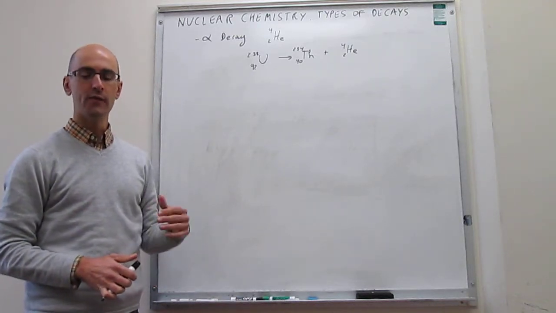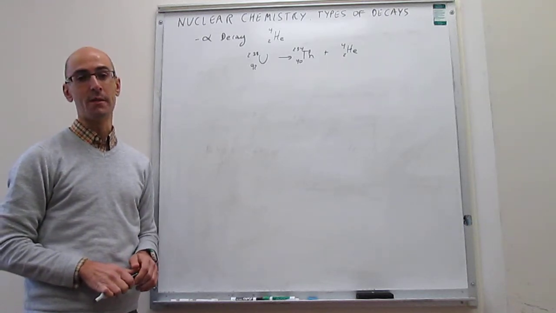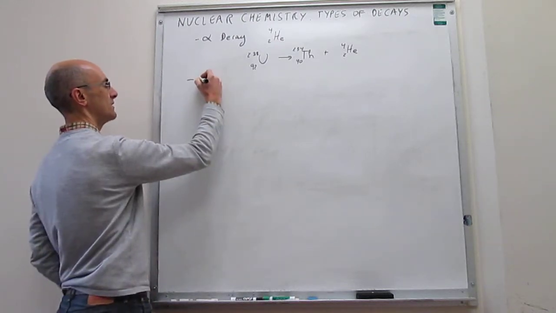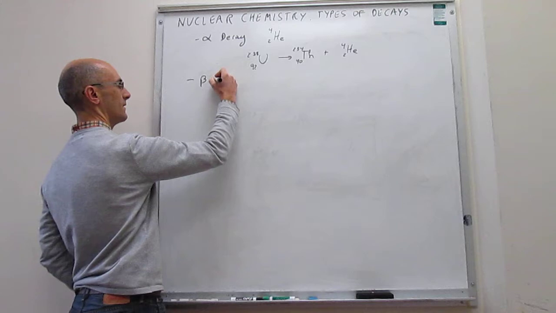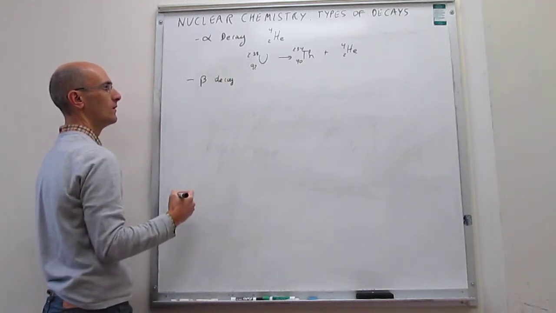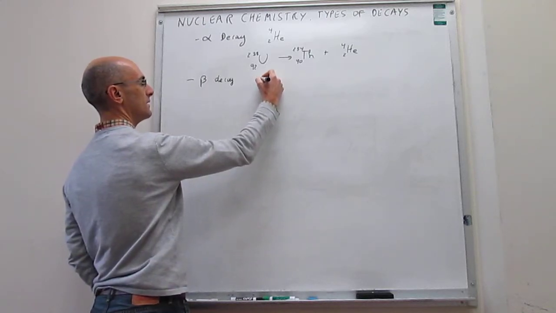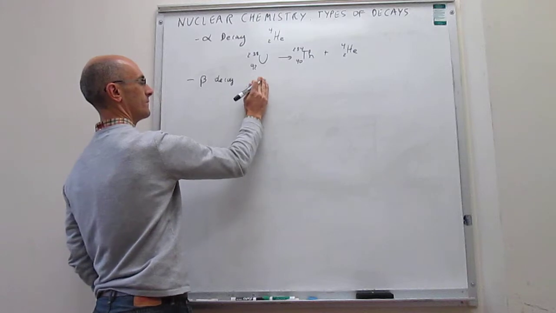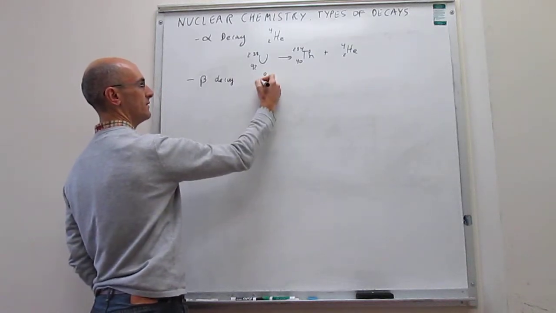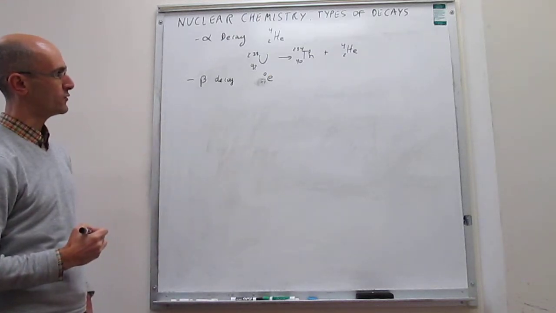The rest of the decays that we're going to consider in this video are those in which the mass number is conserved. The first of those types is beta decay, where a beta particle is an electron. Remember that the electron doesn't have a mass number, and has an atomic number of -1.